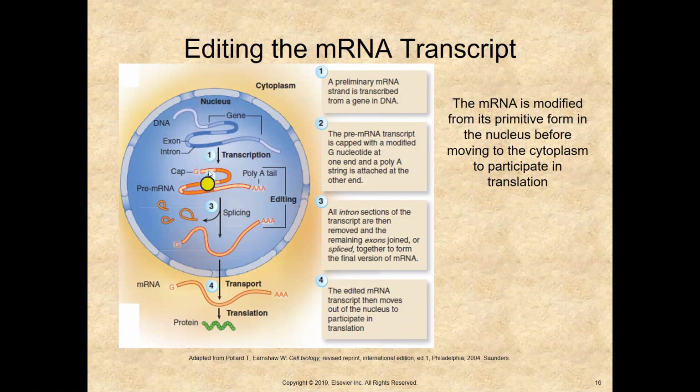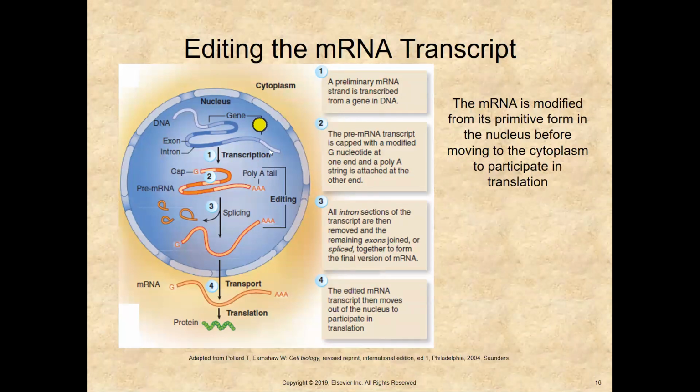So you have parts of the messenger RNA that aren't going to end up being used in the end. These segments called introns are actually going to be cleaved off. This is a little bit more detail than I want you to know because you'll just forget the cap and the poly A tail.